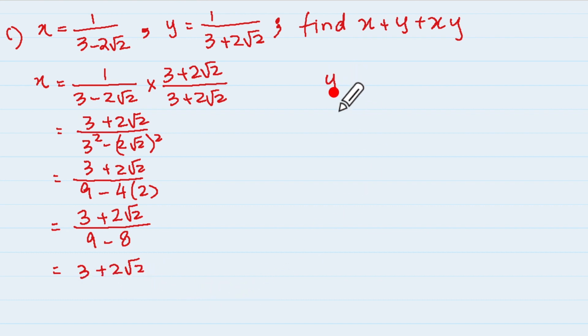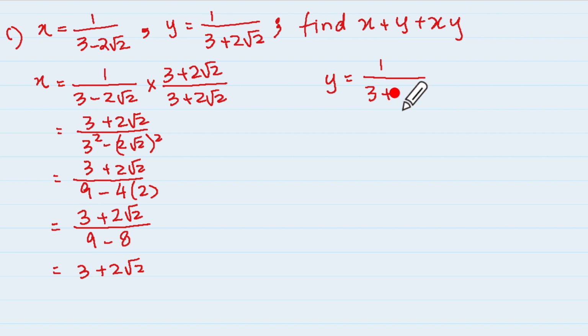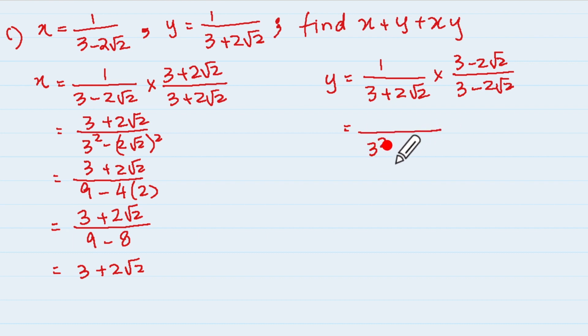Okay, this side let us write what is y. Exactly the same thing. You can pause the video and write this on your own, solve it on your own. You know what is the rationalizing factor, right? Correct? Now denominator will be again exactly the same thing.